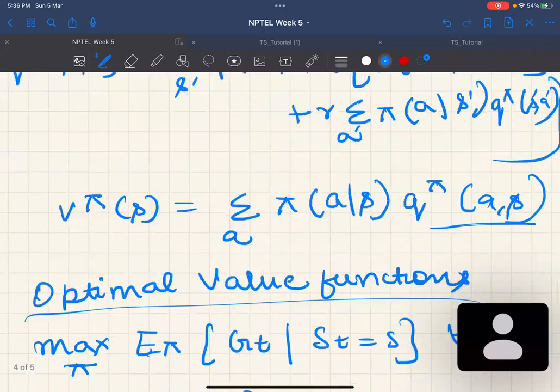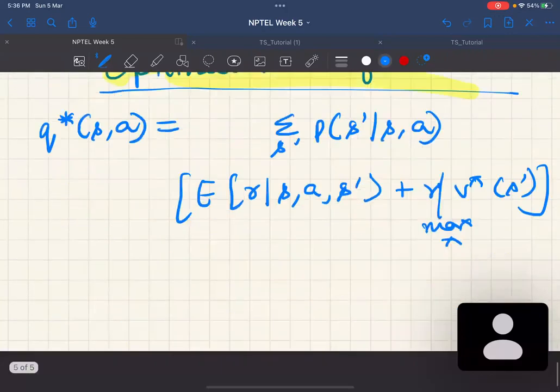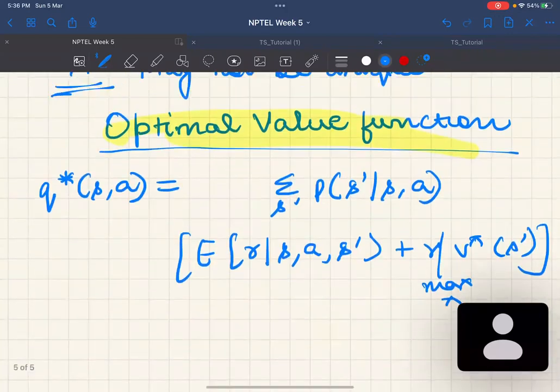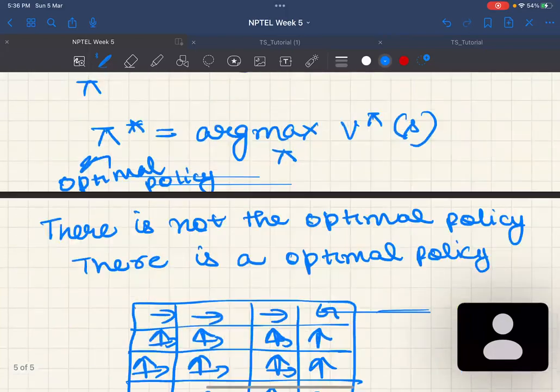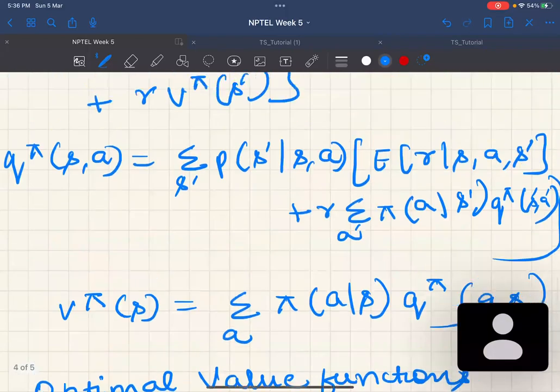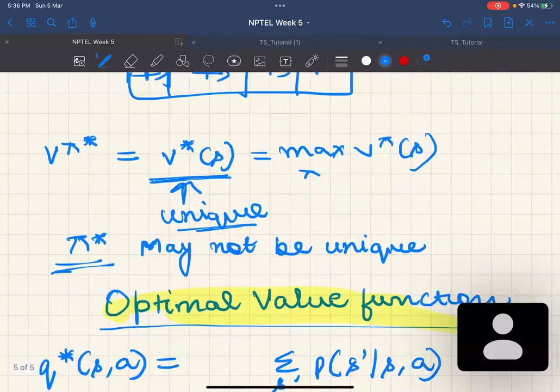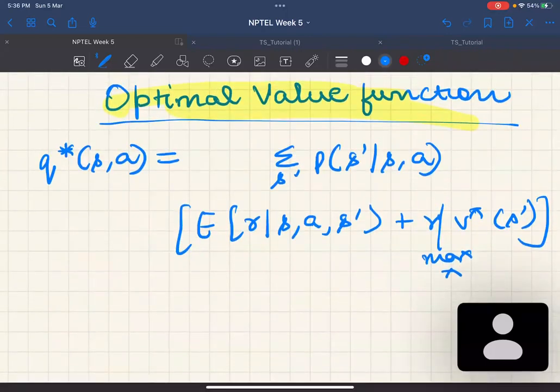If I talk about the optimal value function, what I have done is the same thing. If I have the state, I have the action. What is the probability I'll go to S dash, given S and A? Then what is the expected reward? Now I'm given S, A and S dash, plus gamma, the discounted reward, plus max pi. Wait a second.